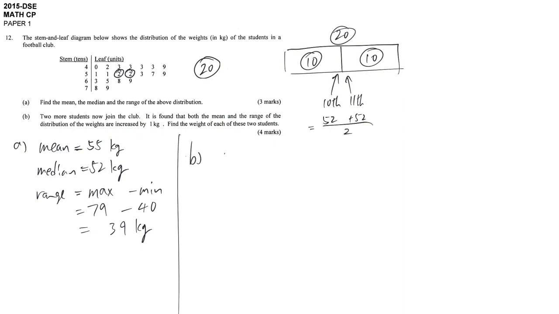So it gives you 2 different equations. First equation, the new mean is equal to the original 55 plus 1, so now it's 56 kg. And the second equation, they say that the new range is equal to 39 plus 1, that means 40.